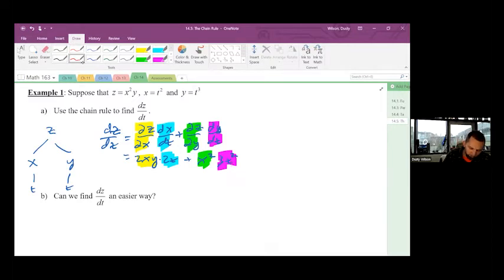And so we're going to replace all of our x's with t squareds, and we'll replace our y with a t cubed.